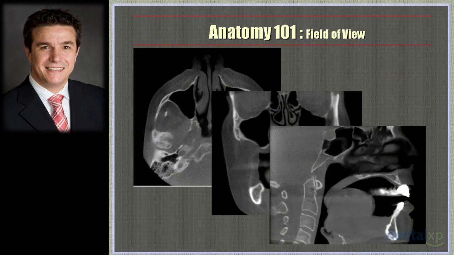The field of view of the average cone beam CT machine, like the Kodak 9300, will be covering approximately 2/3 of the patient's head. And a large amount of diagnostic information will be included in there, and these are going to be tomographic images, in other words, slices of the areas of interest.